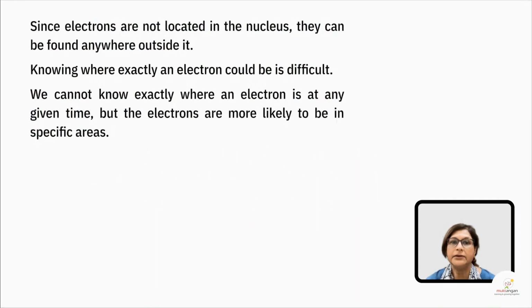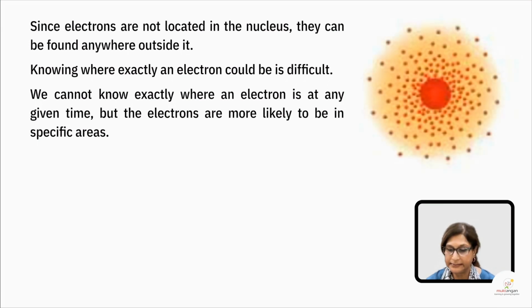Since electrons are not located in the nucleus, they can be found anywhere outside it. Knowing where exactly an electron could be is difficult. We cannot know exactly where the electron is at any given time, but the electrons are more likely to be in this specific area.